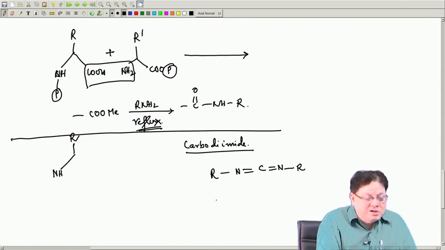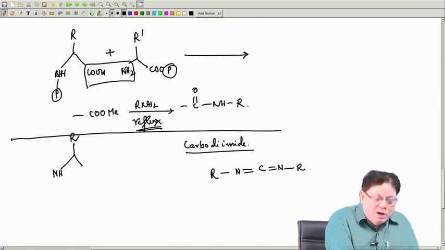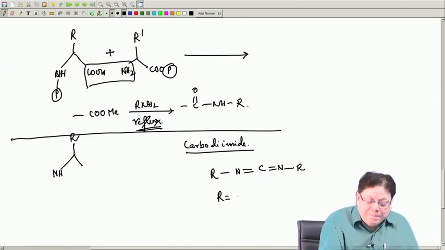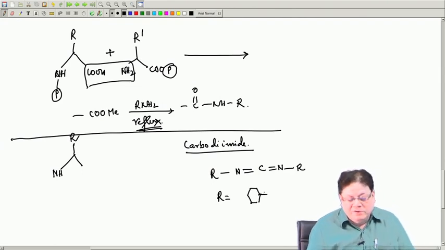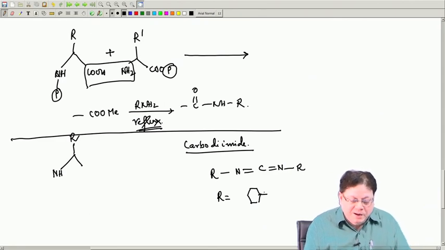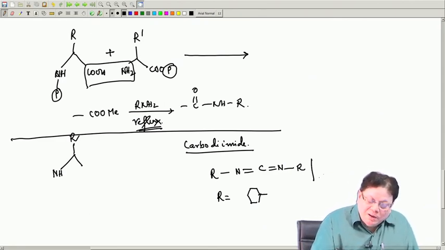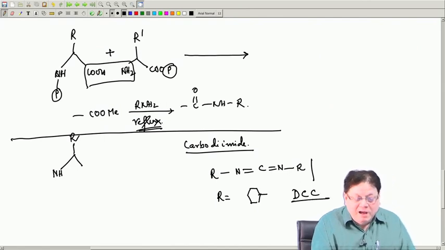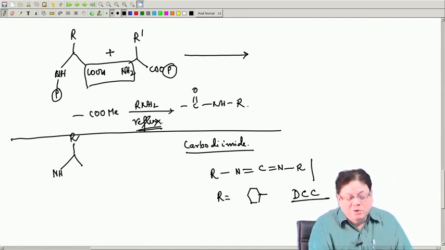The reagent that John Sheehan used was R equal to cyclohexyl, okay. That means a reduced benzene, cyclohexyl. So, that reagent will be called DCC, dicyclohexyl carbodiimide. Okay.